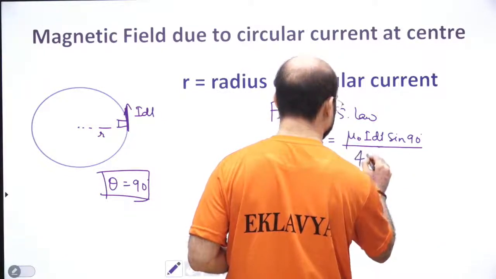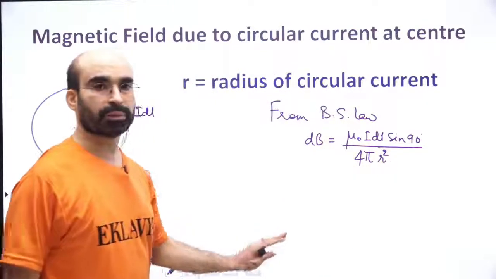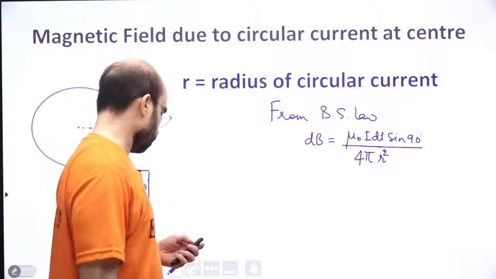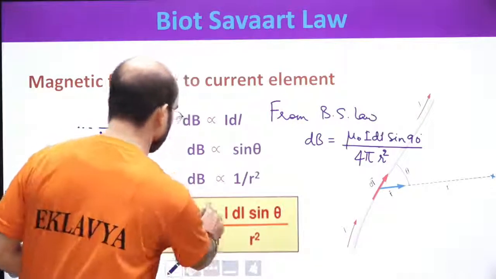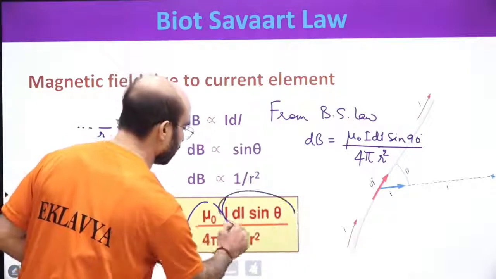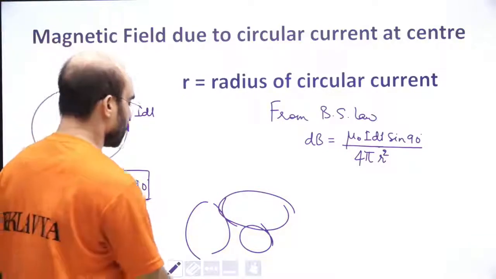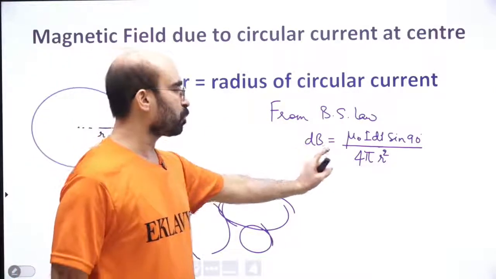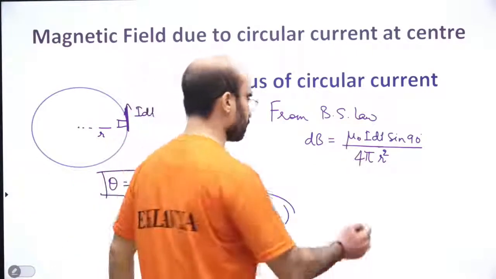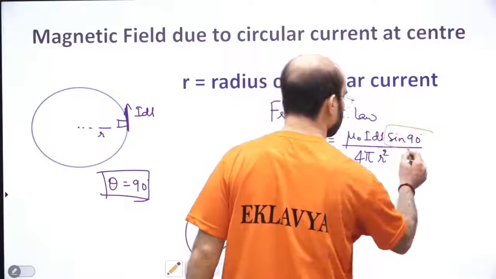Degree by 4 pi r square. Okay, this we have to take. We have taken Biot-Savart law. Biot-Savart law is this, you know, mu naught by 4 pi I dl sine theta by r square. You remember this. Now we have to take dB equals mu naught I dl sine 90 degree, so this is going to be 1.